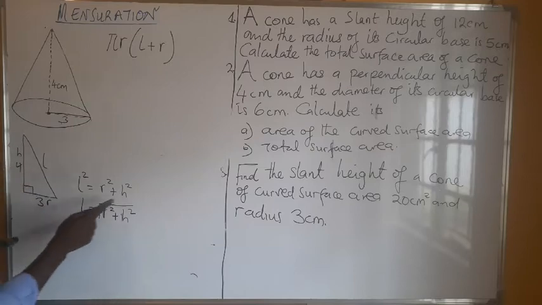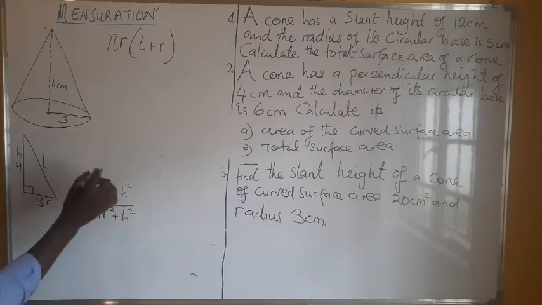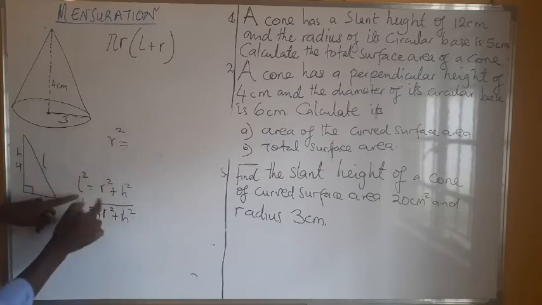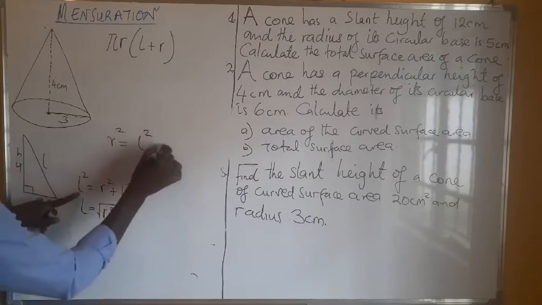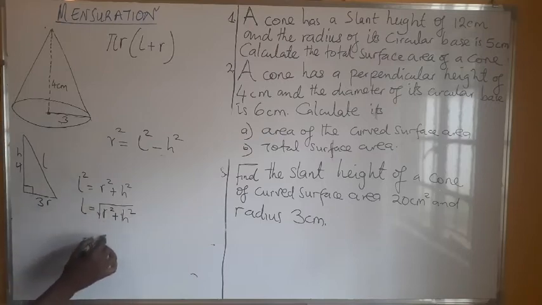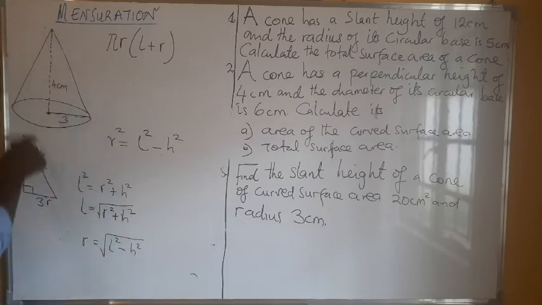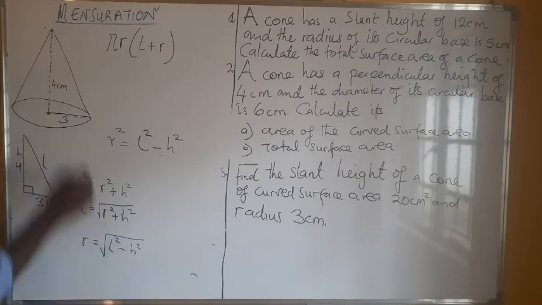So when we want to make the radius the subject of the formula, r squared is equal to L squared minus h squared. So r is equal to the square root of L squared minus h squared. L is our slant height and h is the perpendicular height.